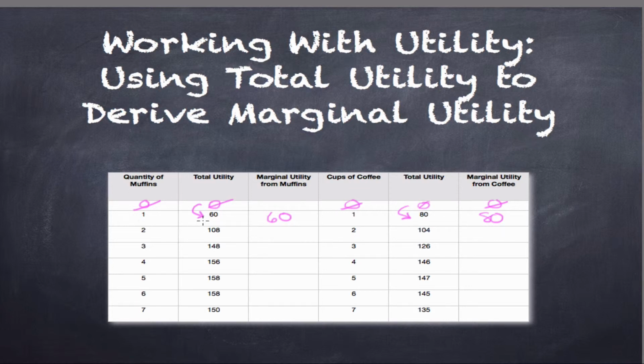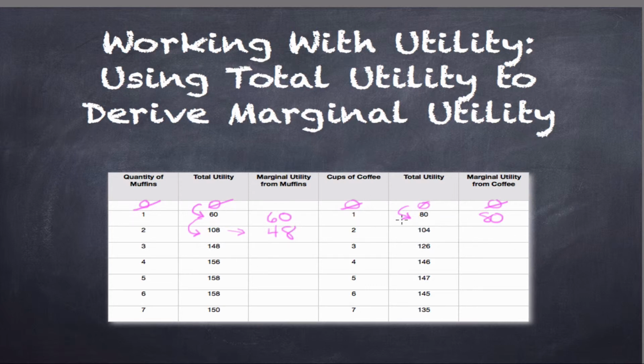Now, if Danny were to have a second muffin, and we asked him after that second muffin, how satisfied are you now? And he said, well, in total, I'm satisfied to the extent of 108 utils. But that represents not only what he got from the second muffin, but the 60 that he got from the first. And so the second muffin must have delivered the difference between 108 and 60, which would be 48. Same analysis holds true here.